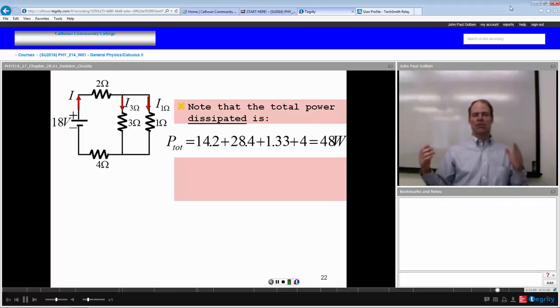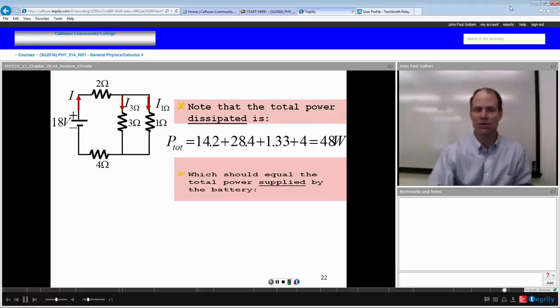And so if we took the equivalent circuit with 2.67 amps going through 6.75 ohms, what would that be? 2.67 amps squared times 6.75 ohms, 48 watts. So it doesn't matter if we use the equivalent circuit or each individual resistor in the circuit.